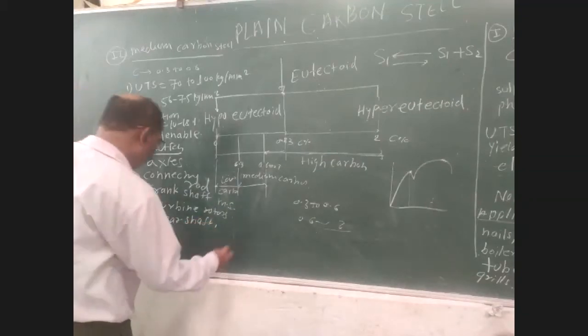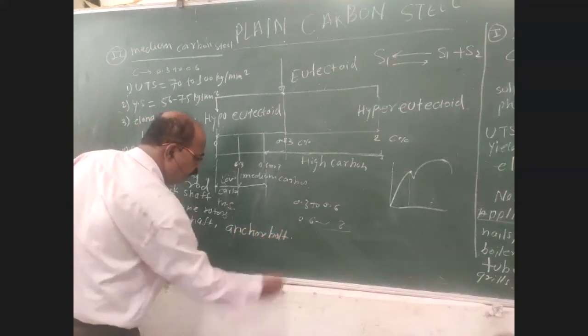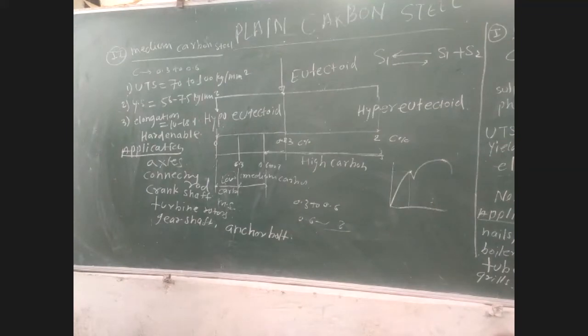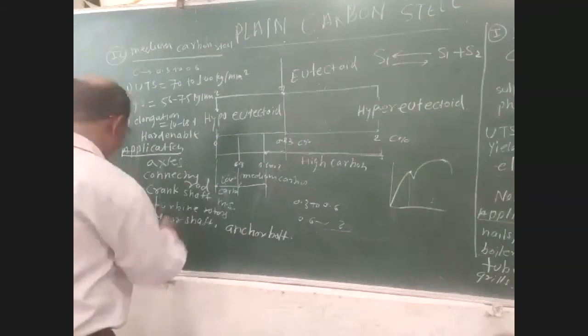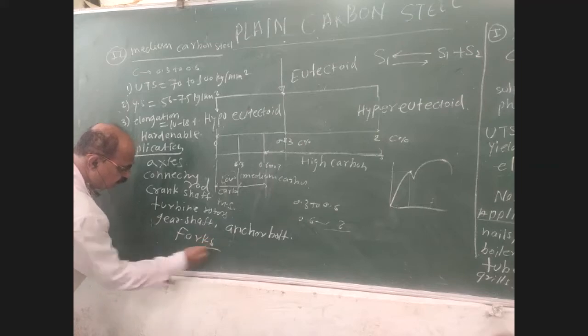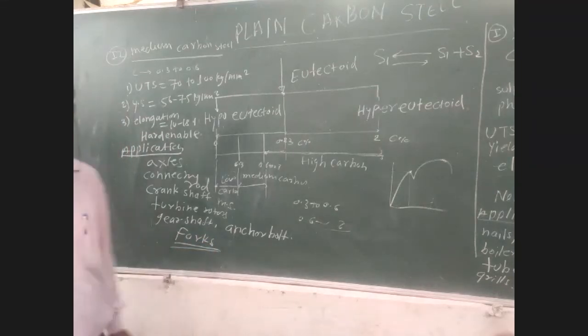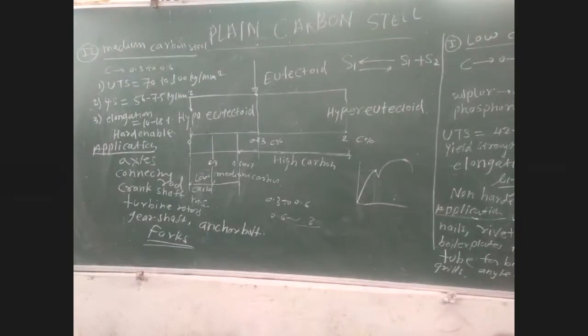Then anchor bolt. Normally it is used in our trolley, then JCB. That bolt is made from medium carbon steel. Different types of forks for lifting, crane lifting, we require this. So medium carbon steel is actually 0.3 to 0.6% carbon.